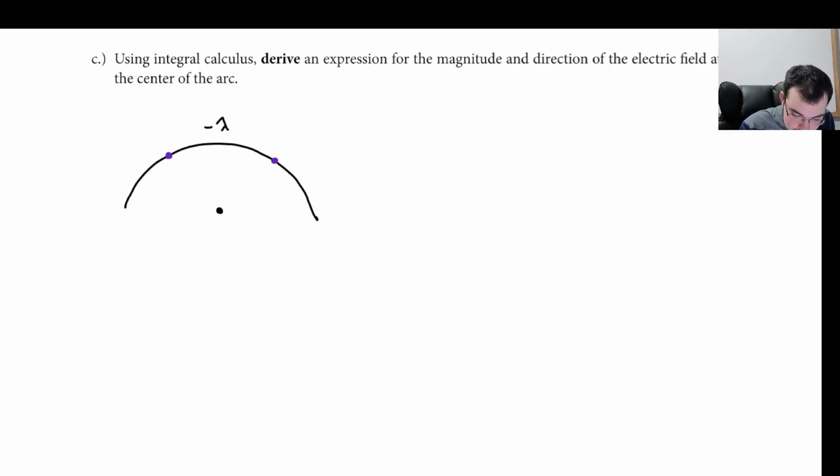This only affects how I draw my picture. It doesn't actually affect the answer at all. But we see that if we draw any 2 arcs that are symmetric about this center point, they're going to cancel horizontally. So there's some symmetry here about this center point of the arc.